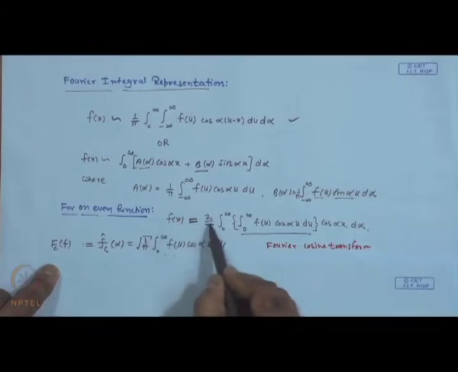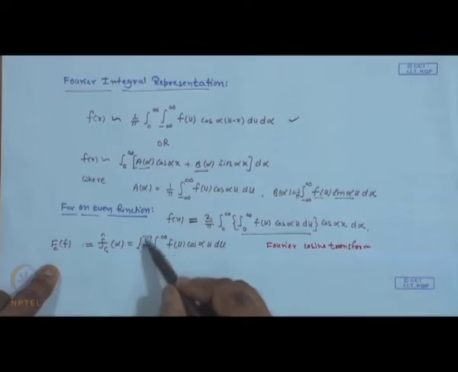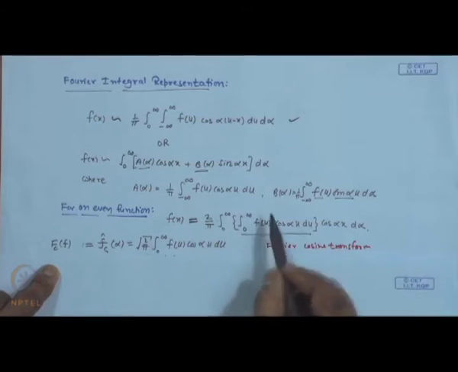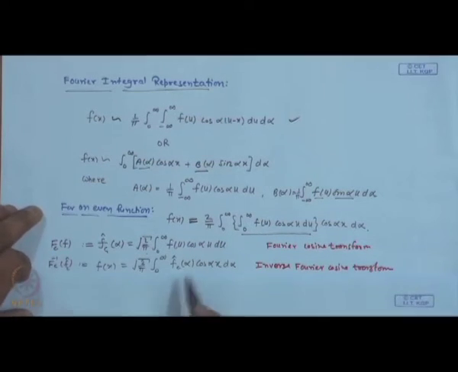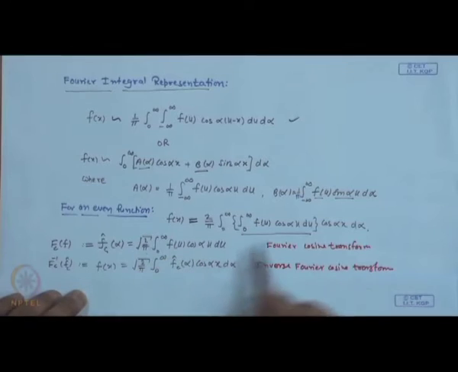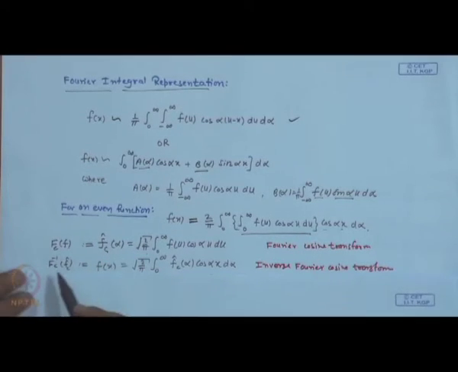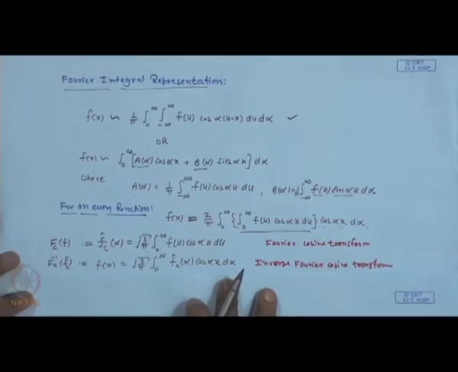Then f(x) is square root 2 over pi, integral 0 to infinity, f hat c(alpha) cos alpha x d alpha. This is our f(x), and we simply call this the inverse Fourier cosine transform, F c inverse of f hat c(alpha).